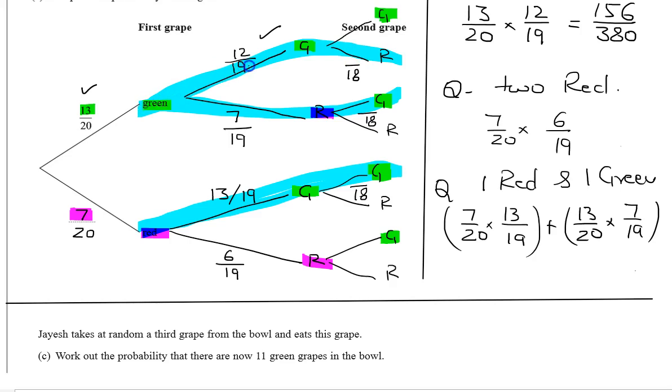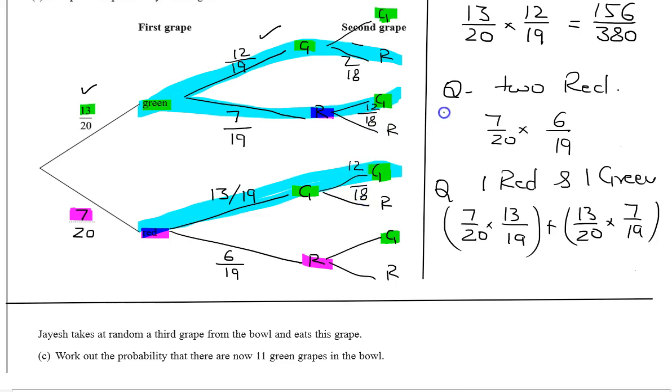So far not a single red has been taken, so there are 7 reds, so this is 7 over 18. A green is taken, and the red is taken. Now another green, so this will be 12 over 18. Now this green, red is taken and the green is also taken, so the remaining green is 12 over 18.